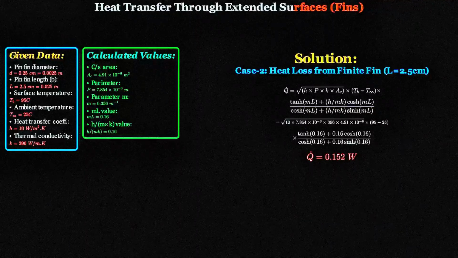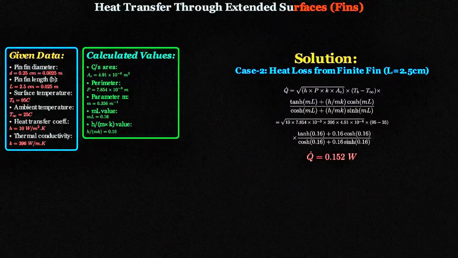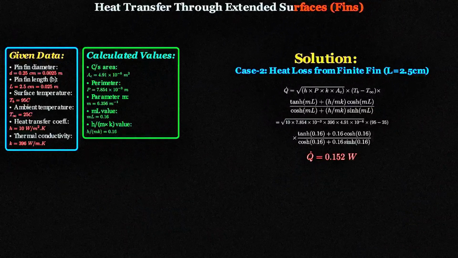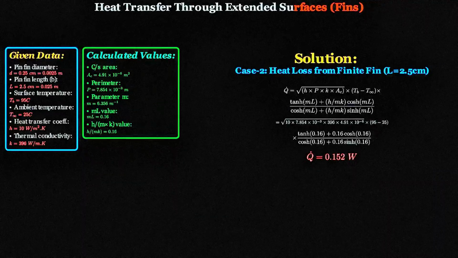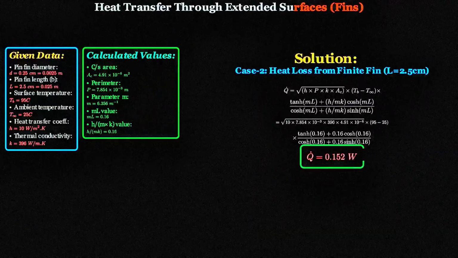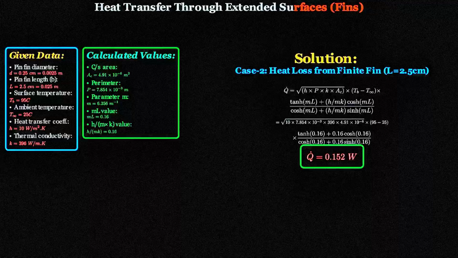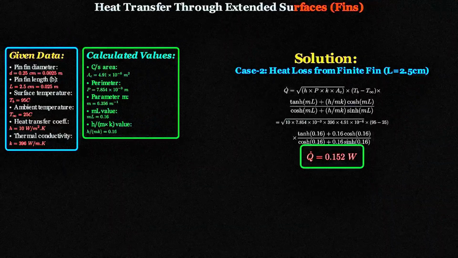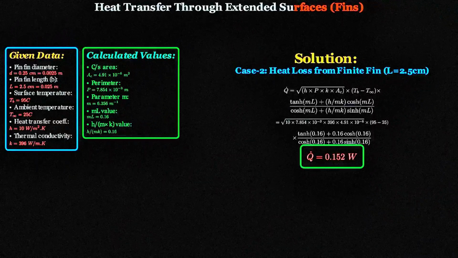Hyperbolic tangent of 0.16 plus 0.16 times hyperbolic cosine of 0.16, divided by hyperbolic cosine of 0.16 plus 0.16 times hyperbolic sine of 0.16. Evaluating this complete expression, q dot equals 0.152 watts. This is our answer for part B. For a finite fin of length 2.5 centimeters and tip convection, the heat loss is 0.152 watts.